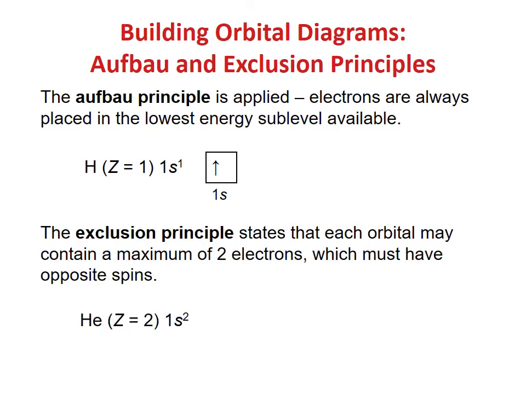And the exclusion principle states that each orbital may contain a maximum of 2 electrons, which must have opposite spin. Helium has 2 electrons, so both can go to the same energy level, the lowest one, which is the 1s orbital, and they are spin up, spin down.